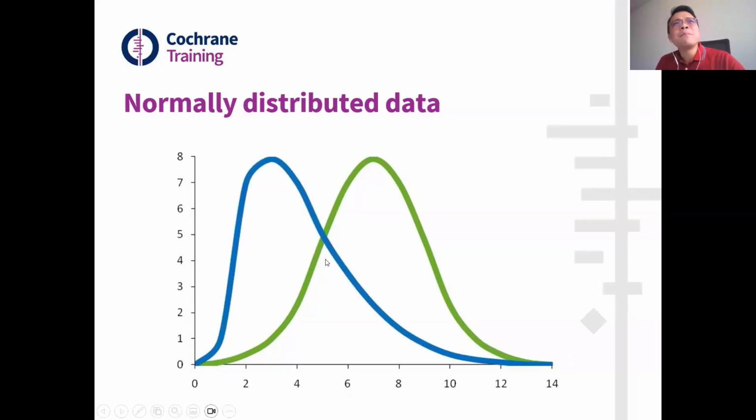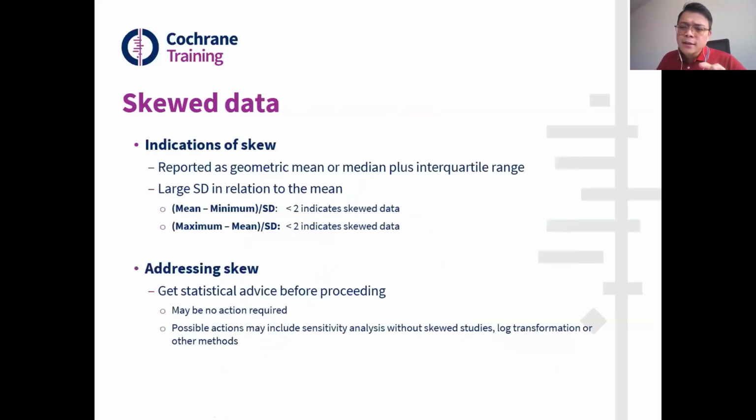A classic example is the length of hospital stay, where most stays are short, but a few are very long, creating a tail. And it's important for us to know if we have skewed data because the standard meta-analytic techniques that we use are based on the assumption that the data is normally distributed.